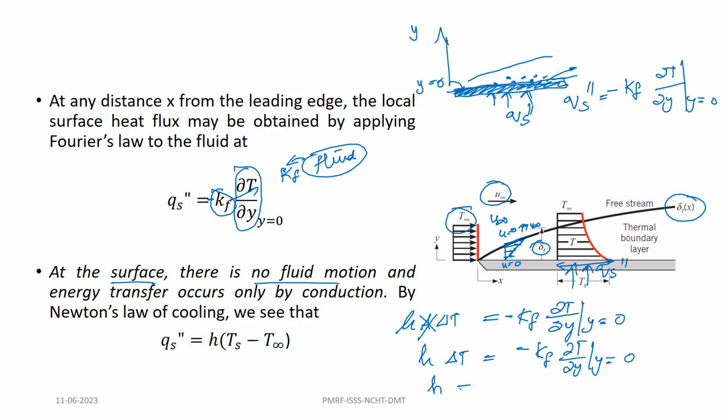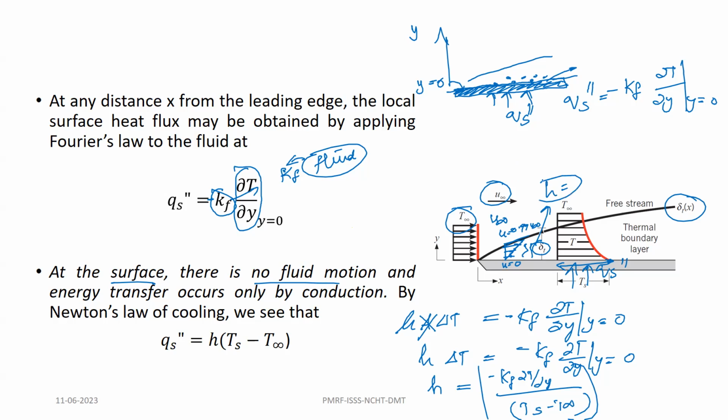So h we can write as minus k_f into ∂T/∂y, the whole divided by delta T, which is Ts minus T infinity. So we will be getting the convection coefficient h from this relation.